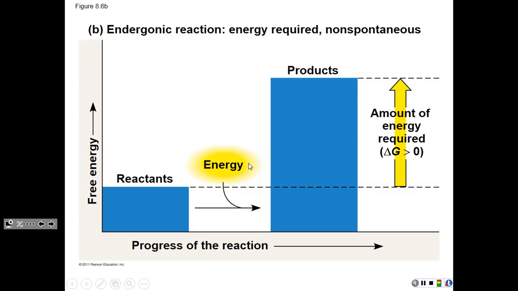And that's in contrast to a chemical reaction like this one. This chemical reaction is not energetically favorable. We're starting out with substrates or reactants that have low energy, and we're ending up with products that have more energy. That can't happen.